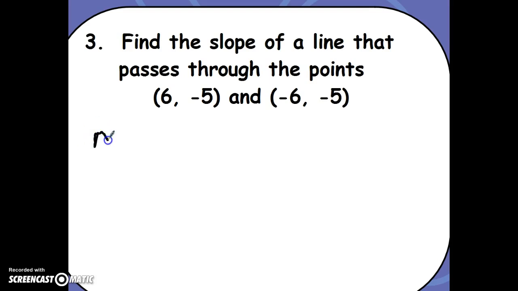So you need to find the difference in your y values and the difference in your x values. This can be from left to right or right to left. You can start with the first point or you can start with the second. But if you start with the first point, then that means that both of those values for x and y have to start from the first point.